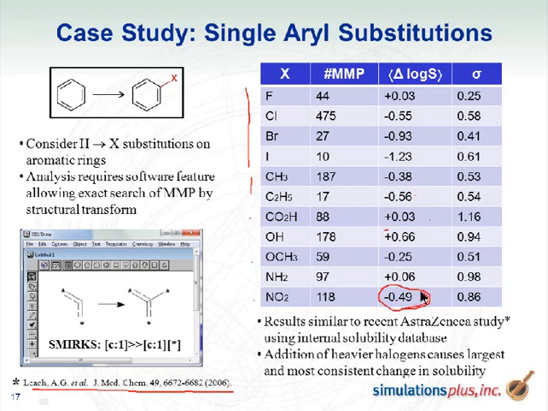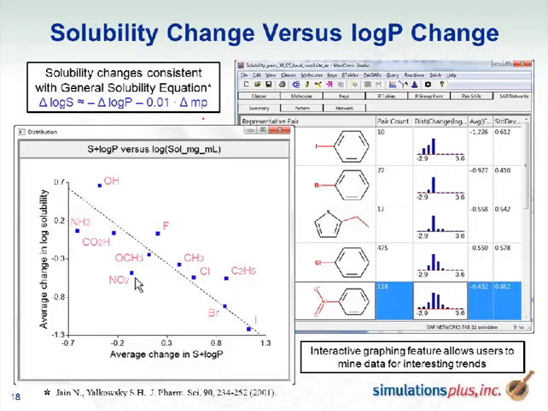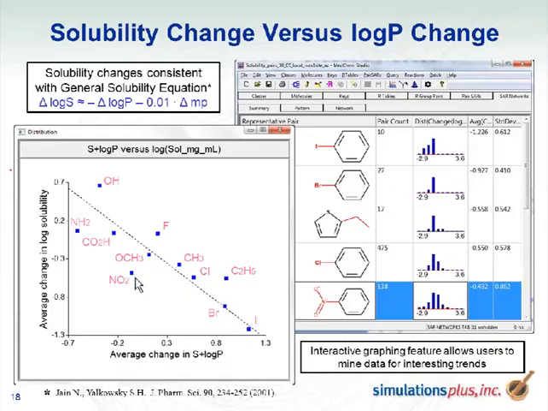Going to the next slide, the general solubility equation relates the solubility to the hydrophobicity of the compound and the melting point of the compound. We can plot the average change in the log of solubility against the average change in the log P for these molecules, as shown here.